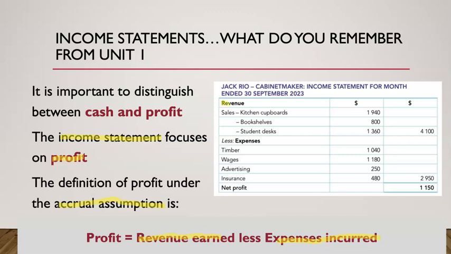We identified all the revenues, sales, and added them up, in this case 4,100, and then subtracted all of the expenses. And these were 2,950. So the net profit being revenue earned, 4,100, minus expenses incurred, 2,950, equals $1,150.